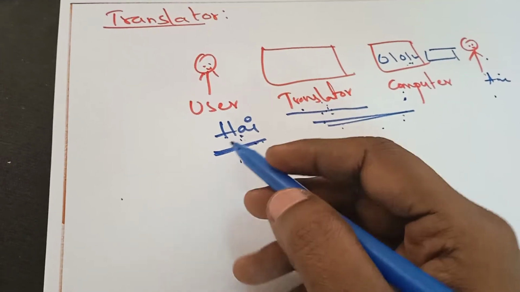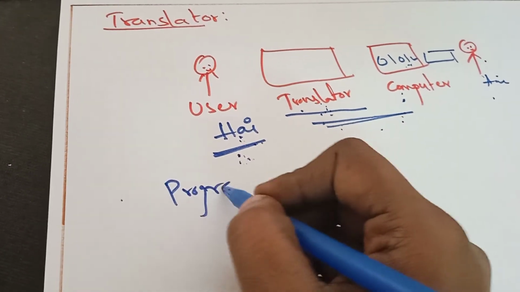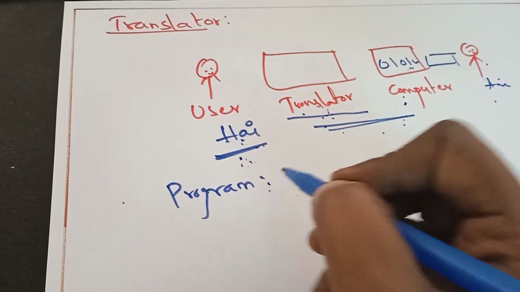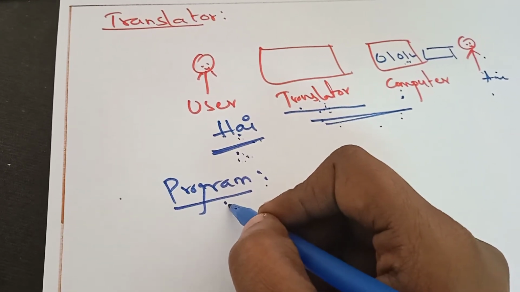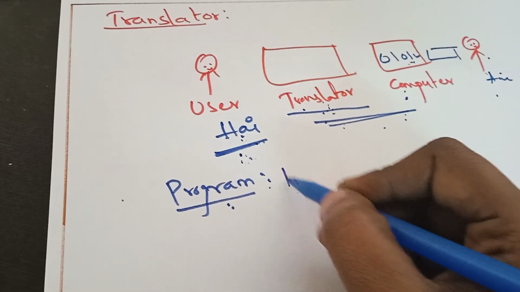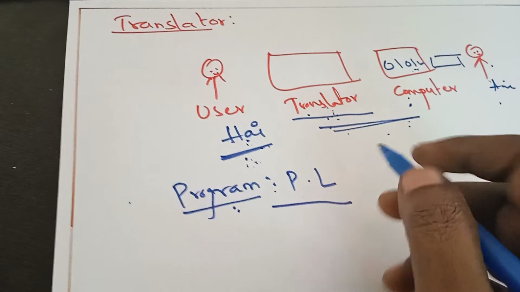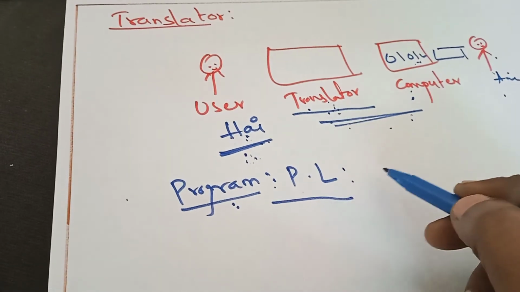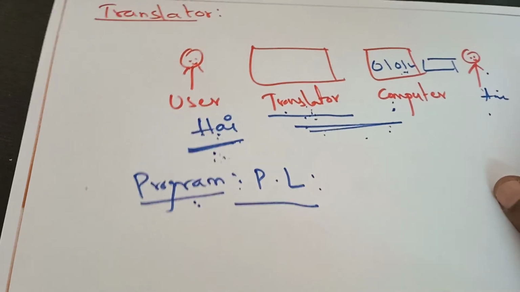Usually, to write a program, which we just defined as a set of instructions, these instructions can be written using programming languages. We have many programming languages.